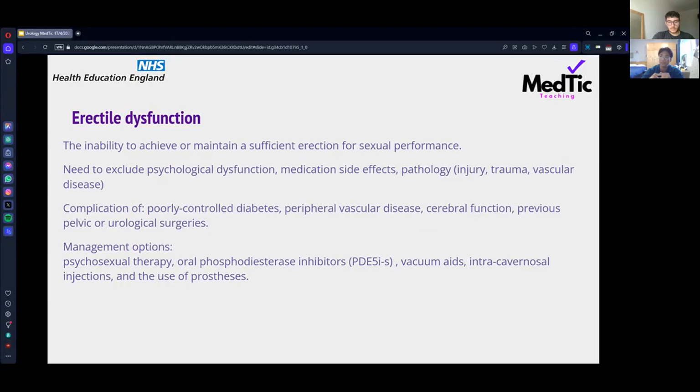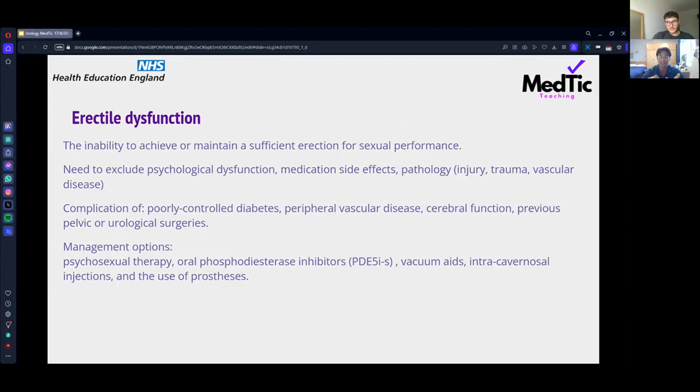If that fails, you can move to more mechanical and surgical interventions. A vacuum aid is literally just a vacuum that sucks the blood into the corpus cavernosum. You can have intracavernosal injections, which again inject, I think it's a gel. I'm trying to remember my time in the urology clinics.